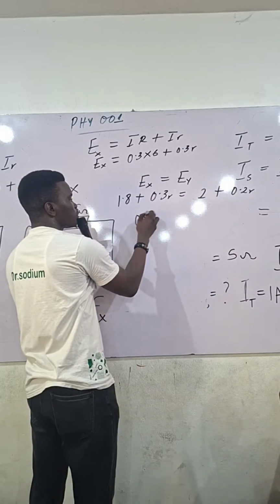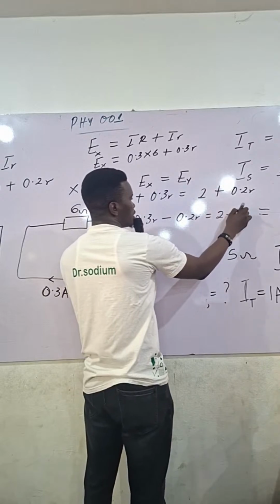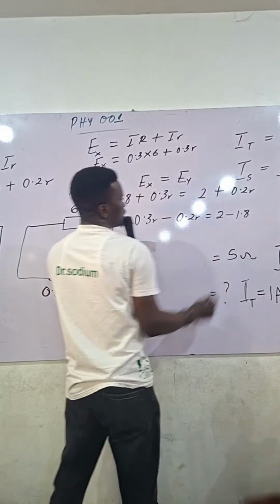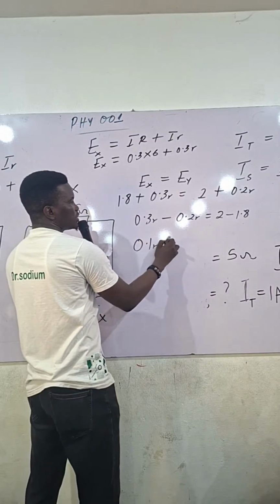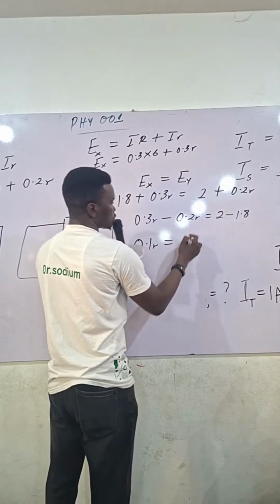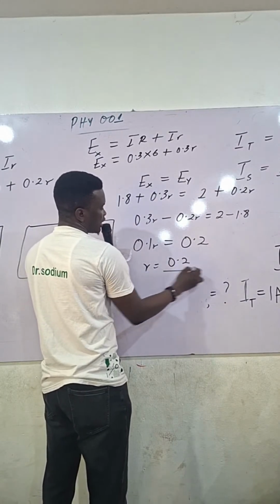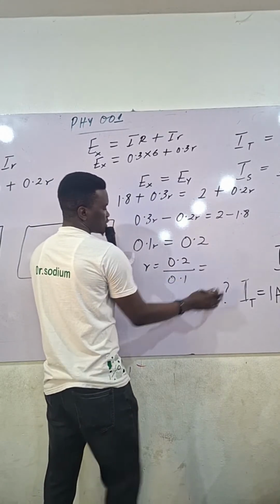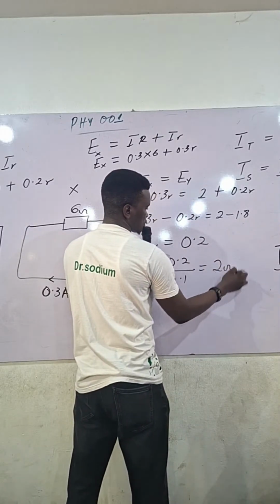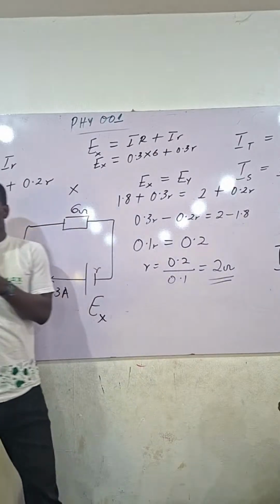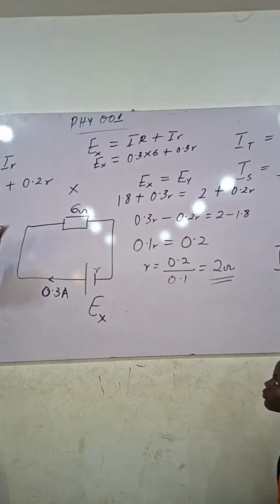So you can say 0.3R minus 0.2R equals 2 minus 1.8. That will be 0.1R is equal to 0.2. R is equal to 0.2 divided by 0.1, that's what? So I don't know who gave the question, but do you understand now?